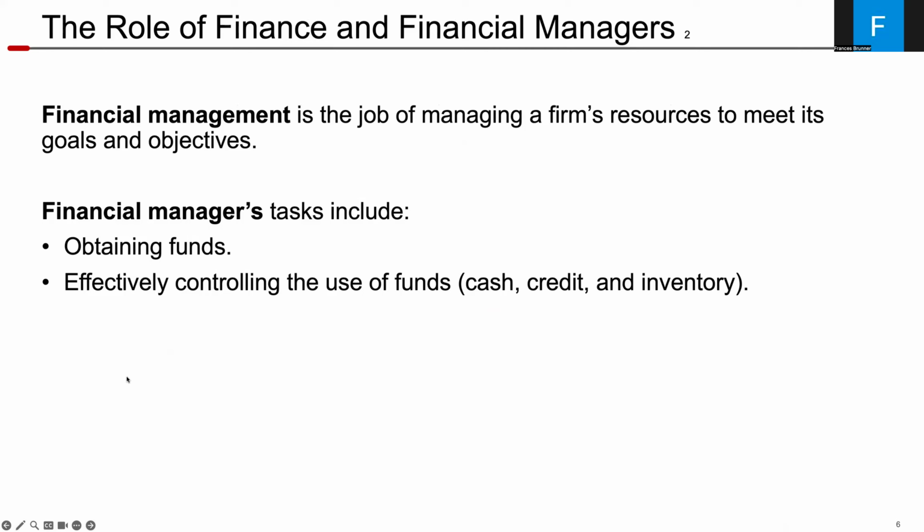So financial management is the job of managing the firm's resources to meet its goals and objectives. So what kind of goals or objectives are we looking for? This can start from the very beginning, from obtaining financing or funds to start the business, to controlling funds to expand the business or expand its reach or locations or adding a website, and also controlling the use of those funds during the company operations.